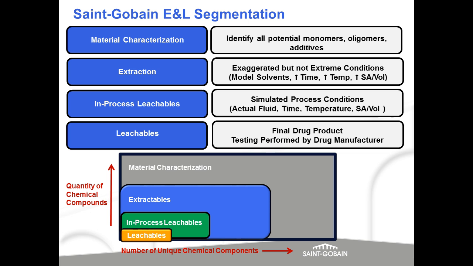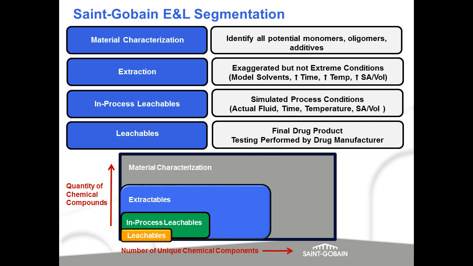In that step, we identify all the potential monomers, oligomers, additives, either that we know are intentionally added or may carry through from previous processes. Then the extraction step would be carried out under exaggerated but not extreme conditions, using model solvents at increased time and increased temperature with increased surface area to volume ratios.